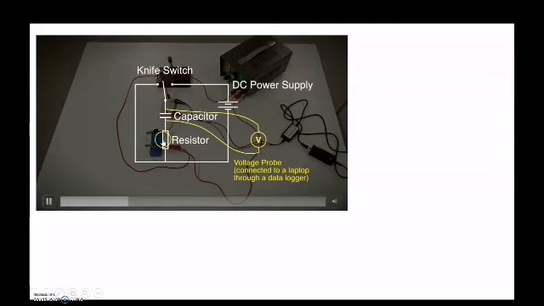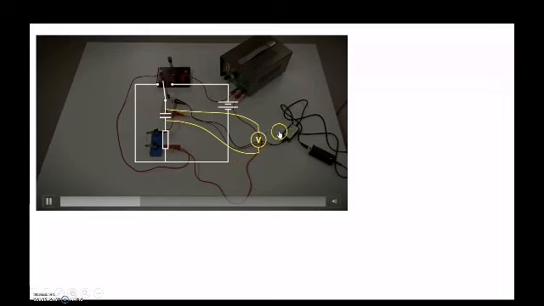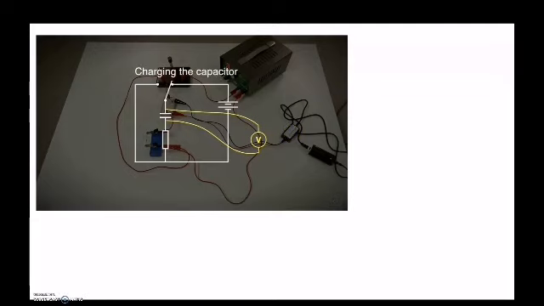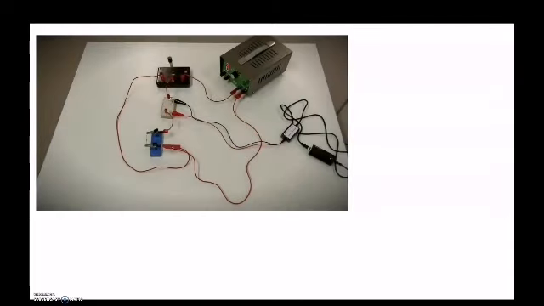Here's the capacitor, and here is the resistor, and here we have a digital voltmeter or a program in the laptop that displays the voltage across the terminals of the capacitor in the charging and in the discharging process.